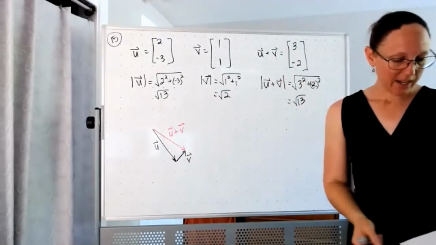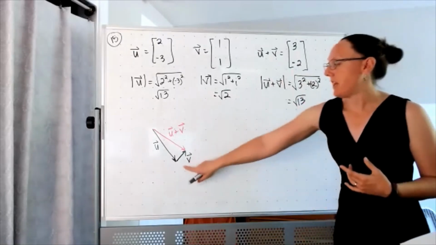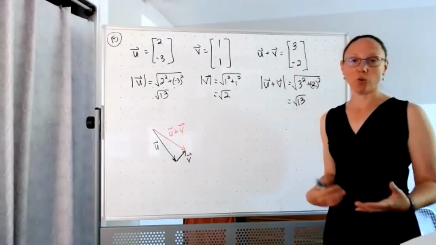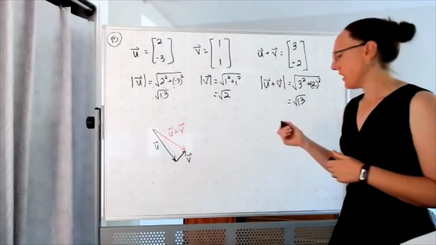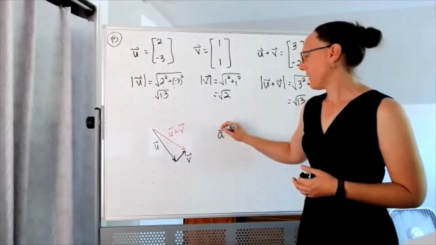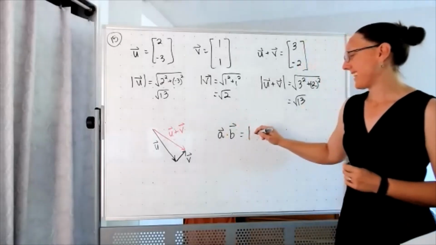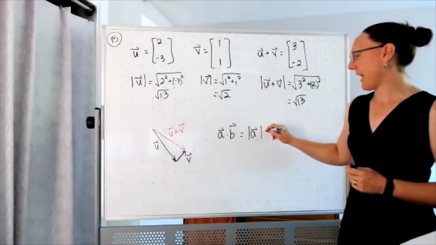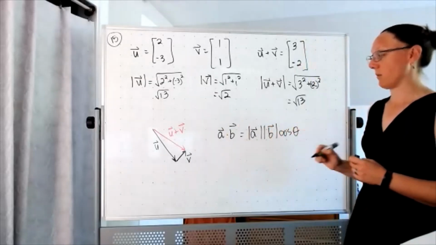And then last, I asked to find the angle between v and this new vector u plus v. This is where we're going to use that cosine formula. I know that generally, if I take some vector a dotted with some vector b, that's going to give me the magnitude of vector a times the magnitude of vector b times cosine of the angle between them.